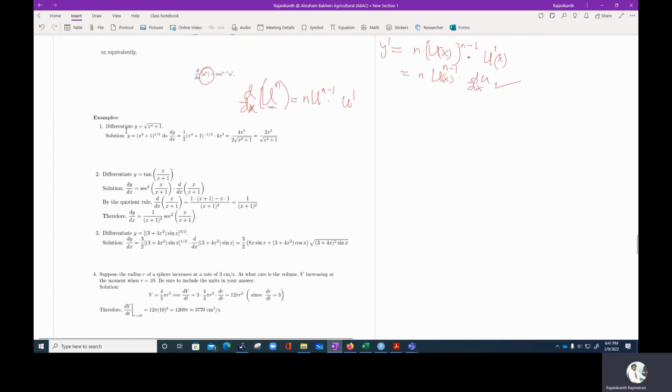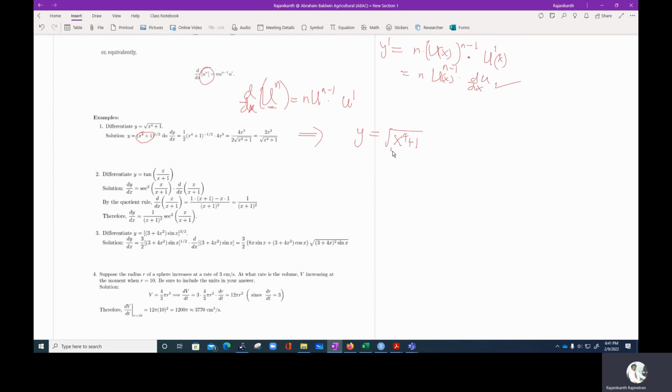Now look at this problem. The given function is the square root of x to the power 4 plus 1.